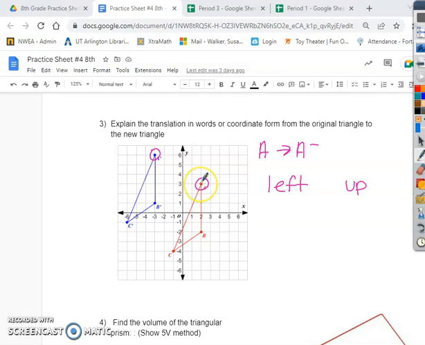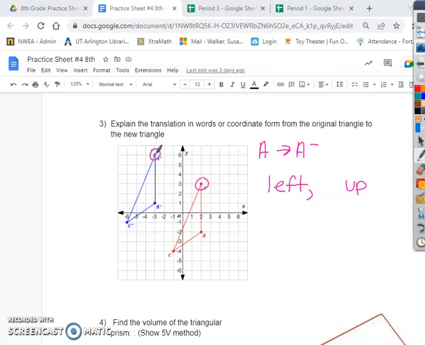And now I'm going to count it. So 1, 2, 3, 4, 5. So your job is to put that there. 5 left. 5 there. 1, 2, 3, 4, 5. And 1, 2, 3 up.